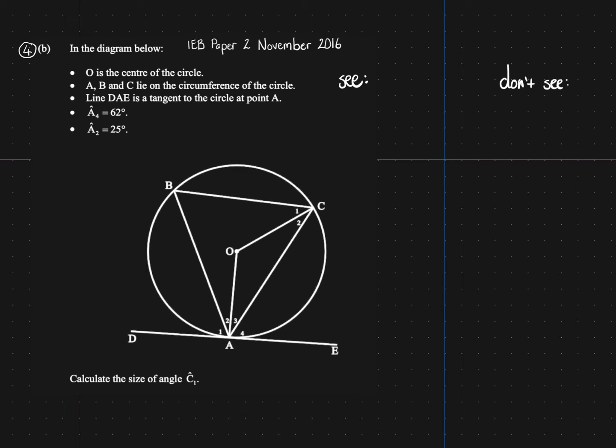So what do I see? I see a center. It is center O. I see a tangent. What else do I see? I see radii. And I see triangles in the things. I also see an angle at center.